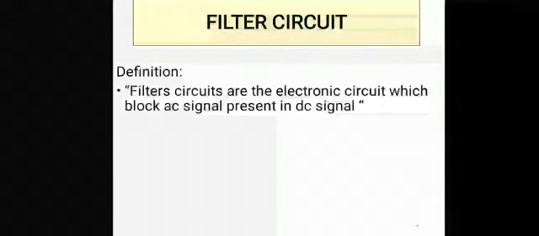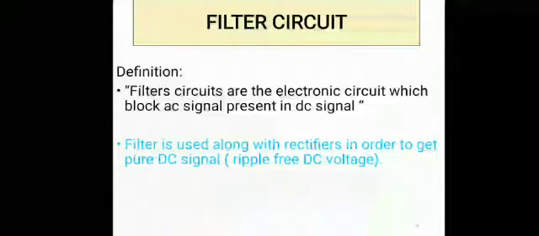Now we'll start with filter circuits. The definition of a filter circuit is an electronic circuit which blocks the AC signal present in a DC signal. We know filter circuits are used along with rectifier circuits in order to get pure DC, that is, ripple-free DC voltage.